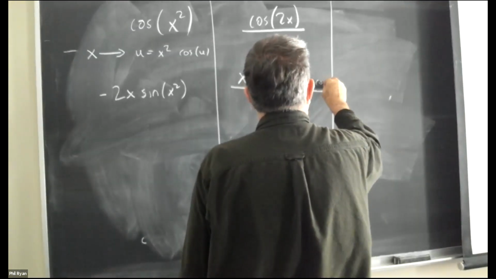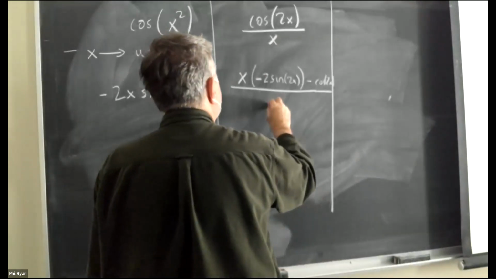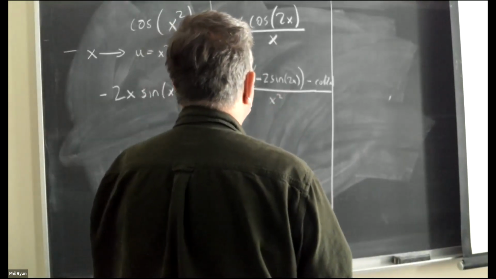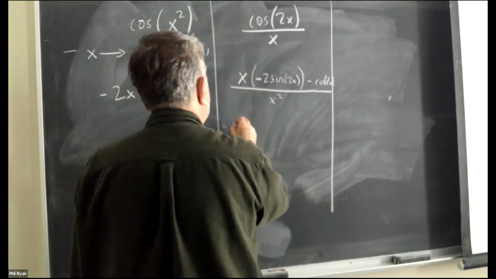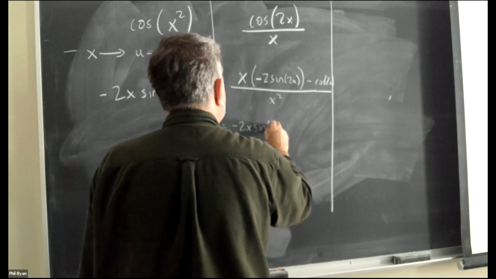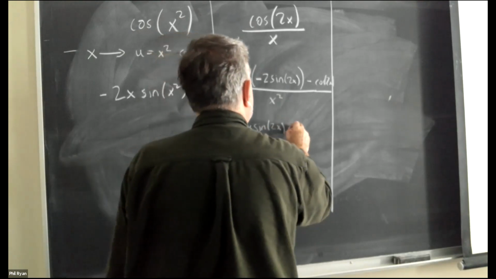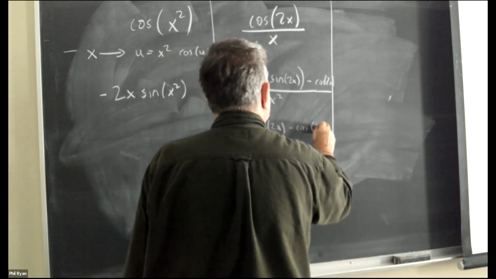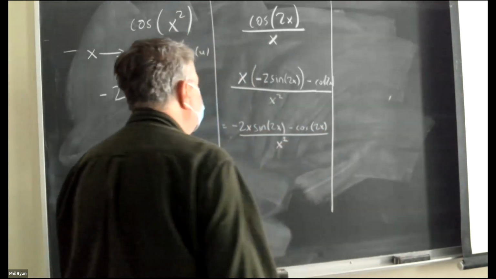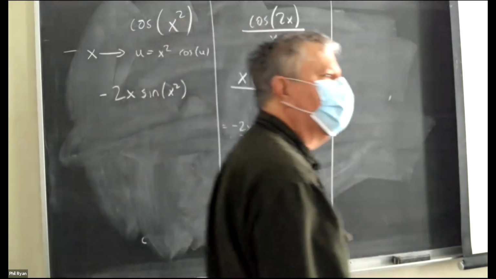Minus high d low, which is cosine 2x, divided by the bottom squared. And just a little bit of tidying up: minus 2x sine of 2x minus cosine of 2x over x squared. That's a good enough answer.